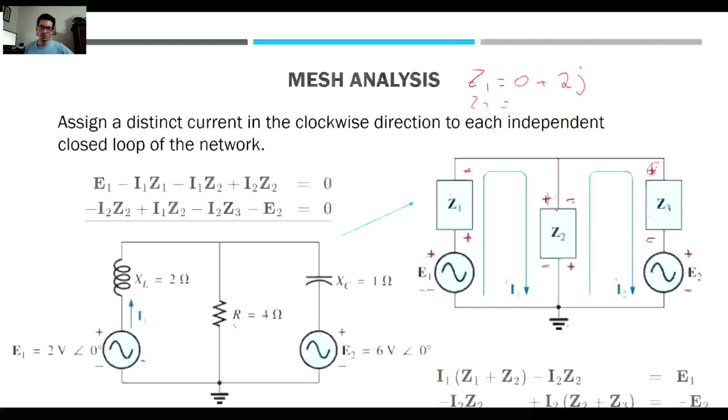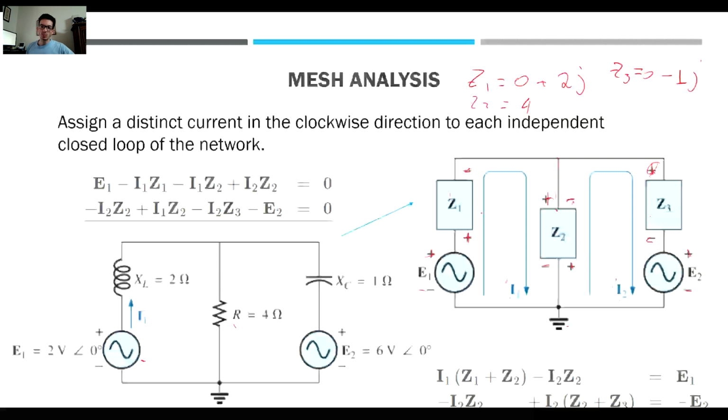Z2 is equal to 4 real, 0 imaginary, because it's a resistor. And Z3 is going to be a capacitor, so 0 real, negative 1 imaginary. This is your impedance for each element.